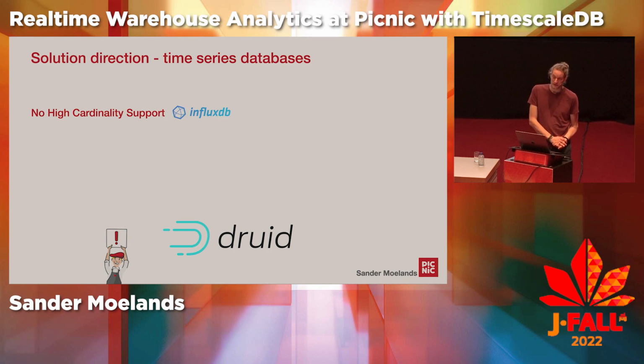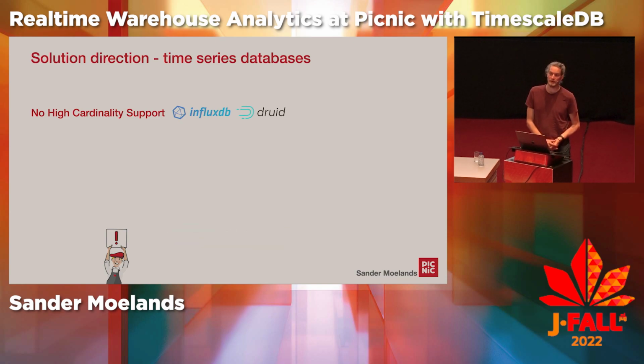Again, also quite an interesting solution and it also looked sort of promising, but it has the same issue as Influx, no high cardinality support. Next one, Victoria metrics. Same story, unfortunately. So all of them were just not fit for what we needed.